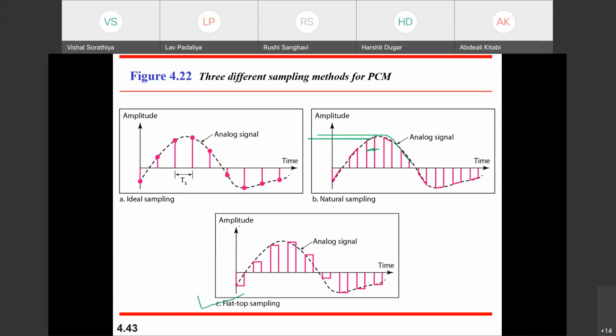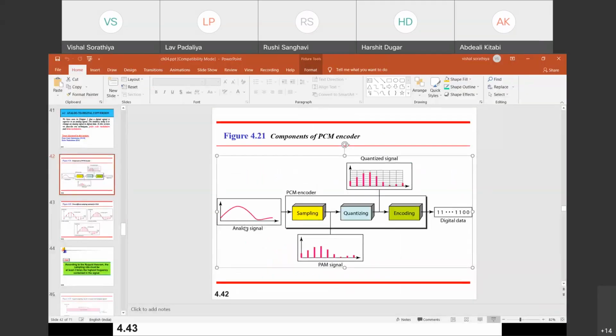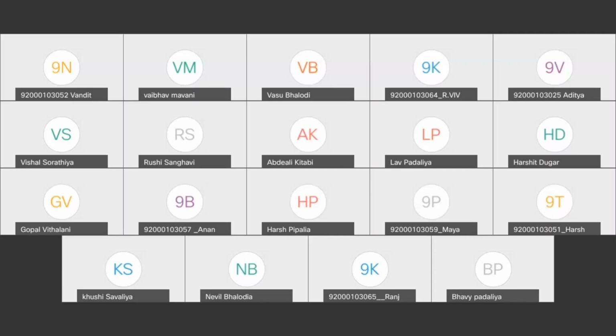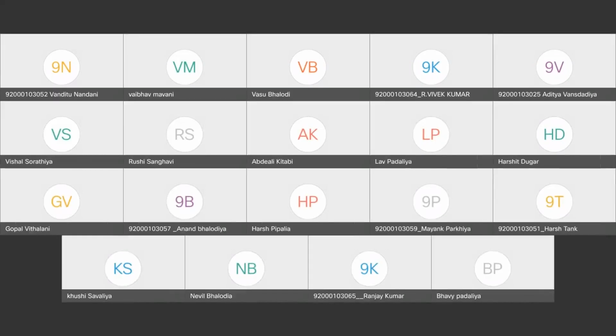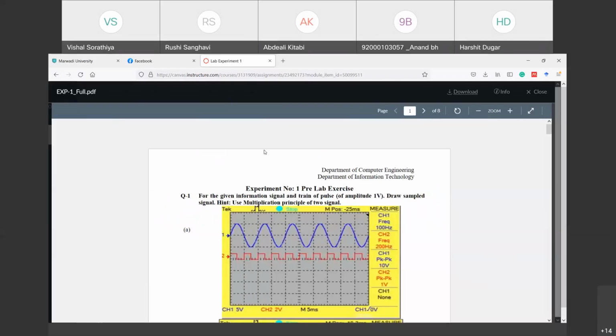So whatever the circuit, coming back to your exercise, if you see your canvas exercise, you can get an idea what you now need to do. Those who have joined late, again see this stuff. In your canvas, lab experiment 1 is already given.